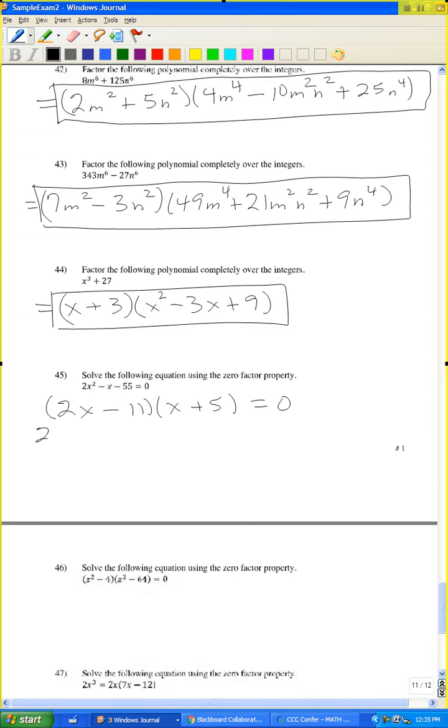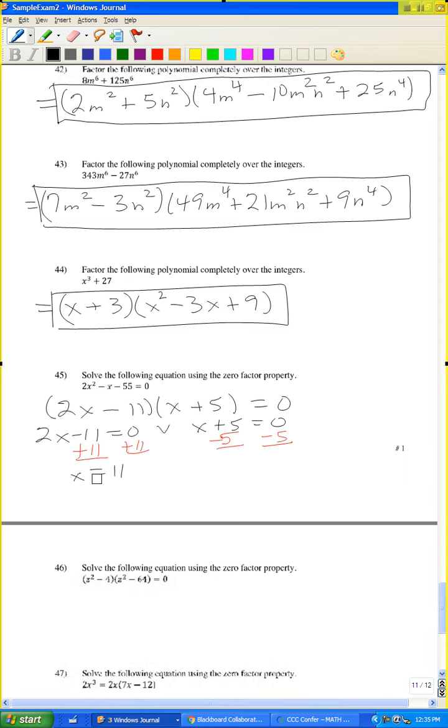Set these factors to 0 and solve for x. Add 11 to both sides of your equation. So 2x equals 11.